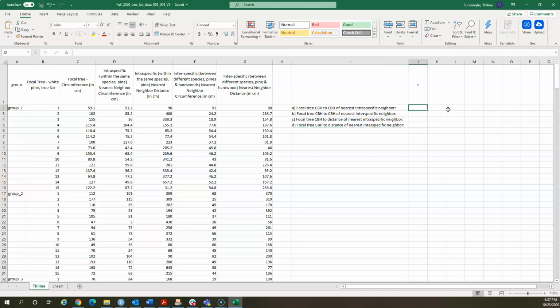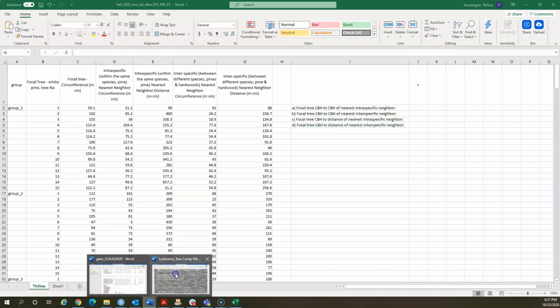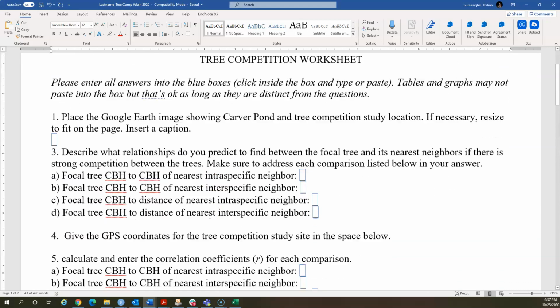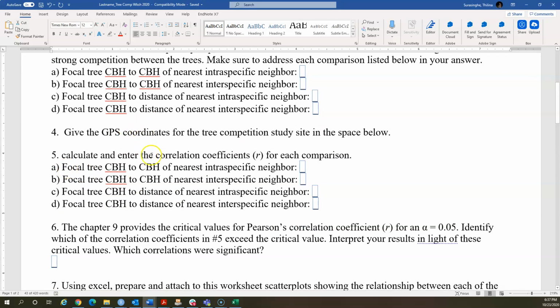These are the 4 things that you have to calculate in terms of correlation coefficients. Let's take one quick look at this question set again. Calculate and enter the correlation coefficients for each of these 4 comparisons.